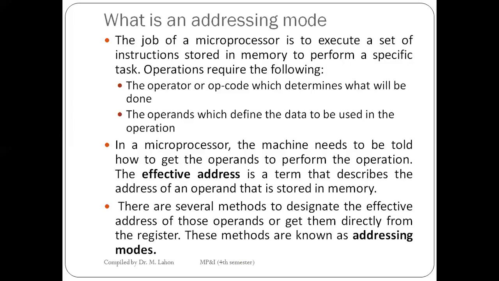Every microprocessor, the machine, needs to be told how to get the operands. That means the effective address is to be determined, and the different ways of determining it are termed the addressing modes. Now we will see what the different addressing modes are.